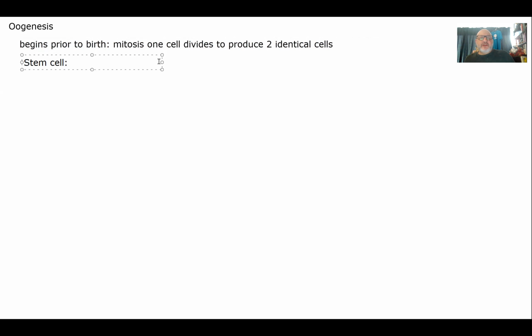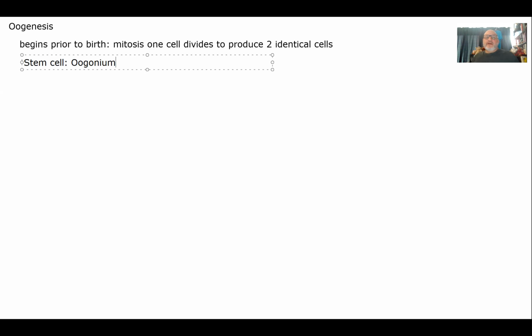And what was the stem cell in the male process? Spermatogonia. Guess what it is in the female process? Oogonia. There you go, oogonium. Exactly. Oogonia would be plural, oogonium would be singular, so both of those are correct.